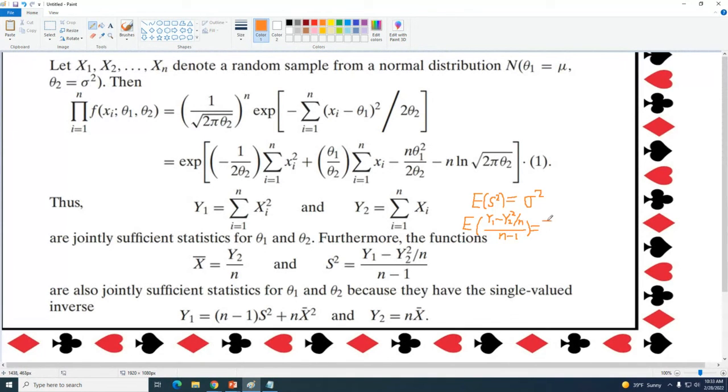I think we went over this one time, maybe in the last section. The definition is y1 is the summation of xi squared, and y2 is the summation of xi. We're going to square all sides over n.